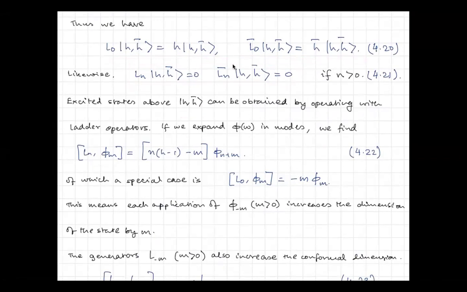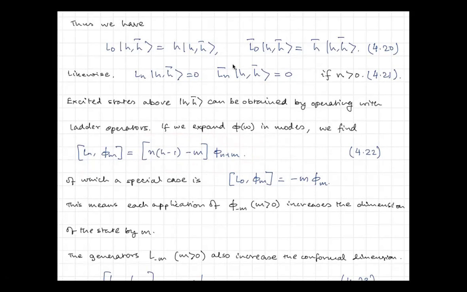So for example, what can we do? What are these ladder operators? Ladder operators are things that are going to increase the weight. So let's expand this phi of omega in modes. And if you do that, you'll find that when you take the bracket of Ln with phi m, this is going to give you a form which is like this.